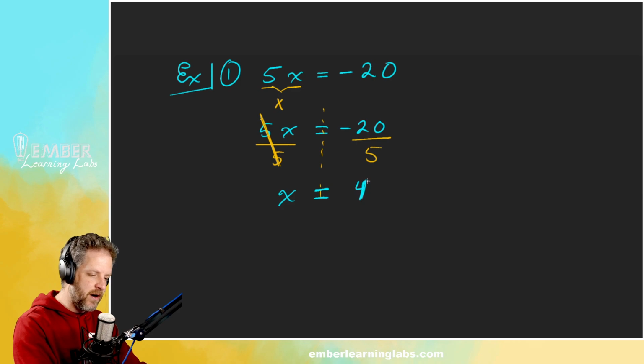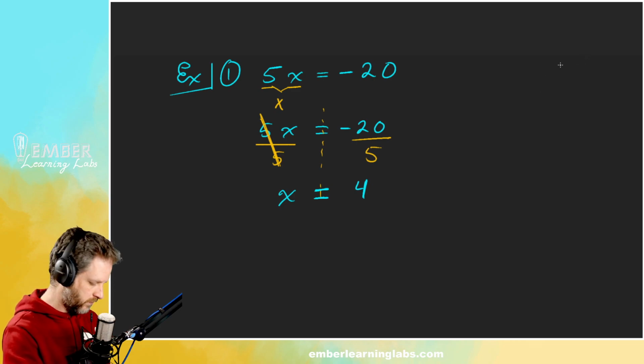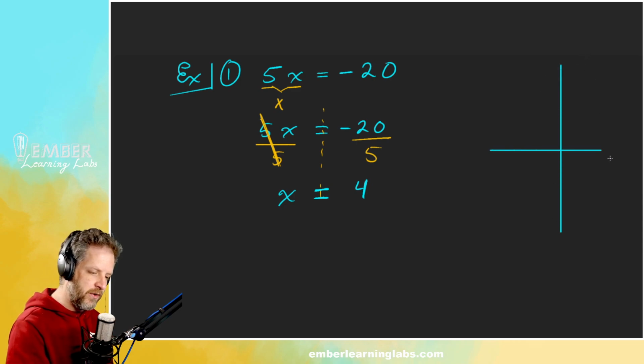Because we've got to keep our integer rules, right? It is a negative, right? And so we've got to remember that when we're multiplying and dividing, we should have some of this in our rules.